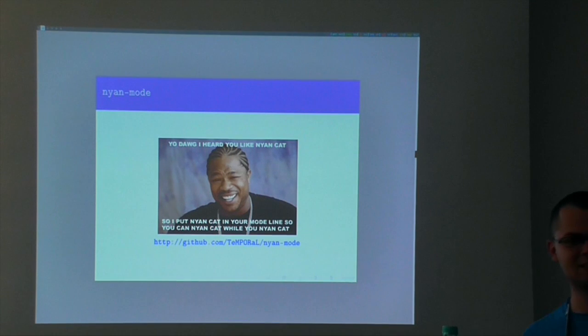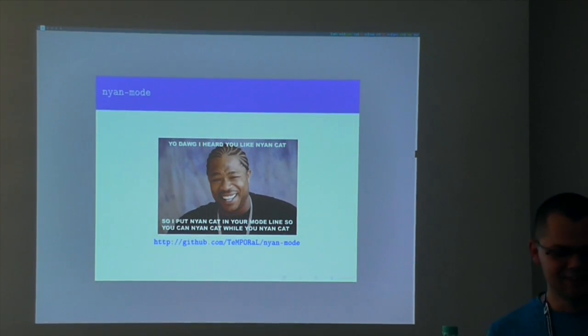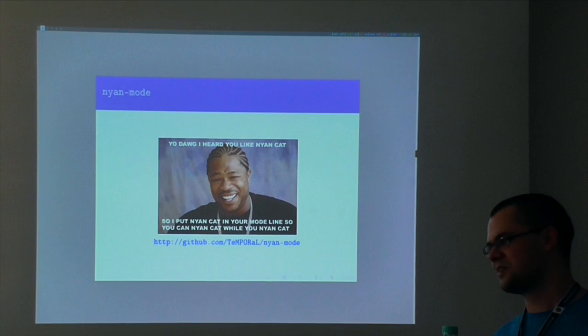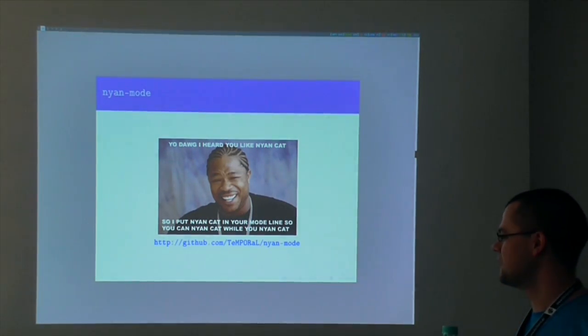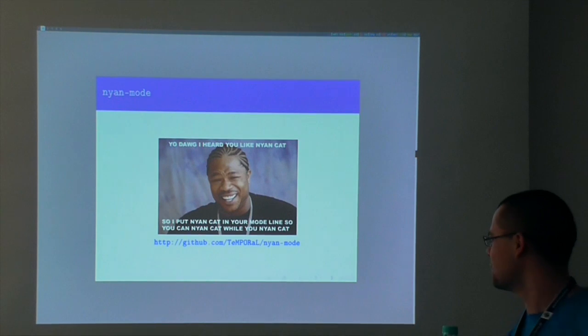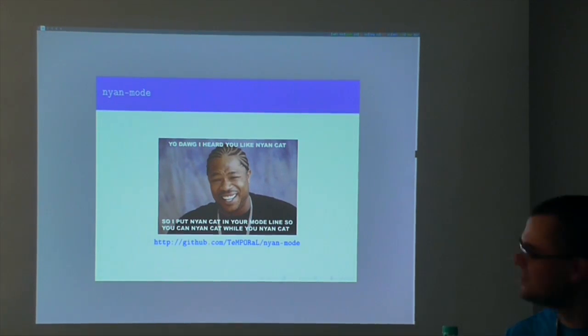I don't know if you've ever seen this, but this is one of the more known ones, yarn mode. Someone basically replaced the tracking of the part of the buffer you're viewing with a yarn-cat, because why not?